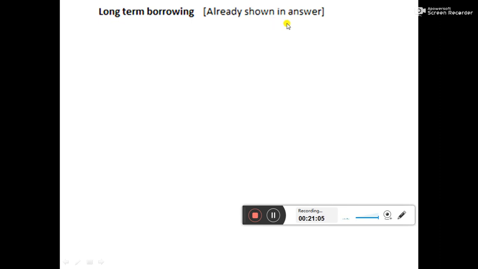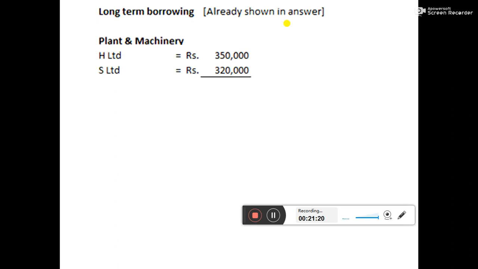We have already seen long-term borrowing from debentures. 1 lakh debentures, 40,000 debentures are taken by holding, and only 60,000 is shown in the outer column. Then plant and machinery, H Limited 3 lakh 50,000, S Limited 3 lakh 20,000. But at the time of acquisition, it was mentioned that this 3 lakh 20,000 is overvalued by 20,000.